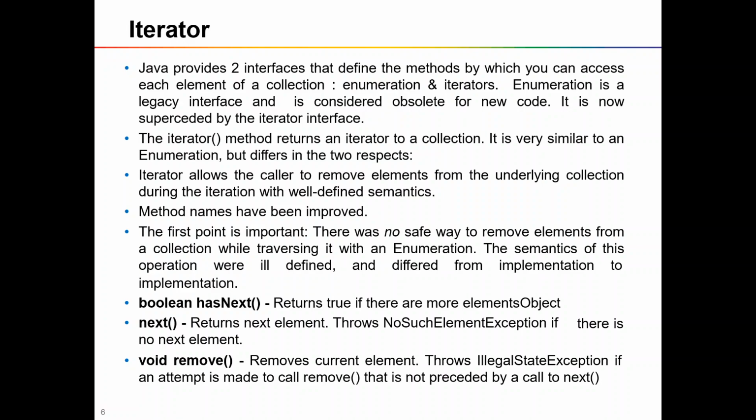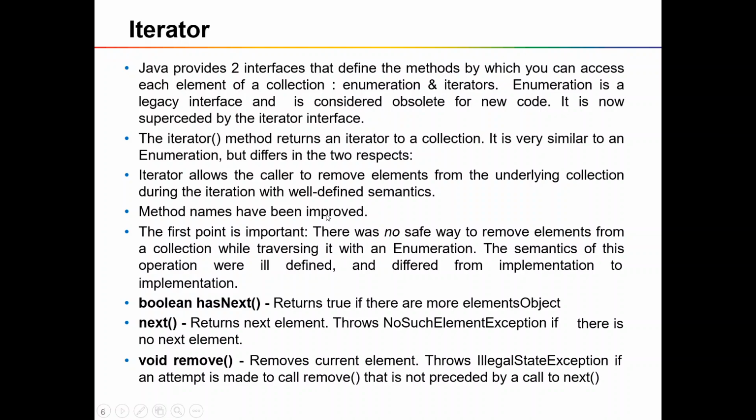So apart from iterator, iterator is introduced in Java to overcome the issues of enumeration. Enumeration is a legacy interface. Still Java provides support for enumeration, but it is recommended to avoid enumeration. Instead, we can go with an iterator.